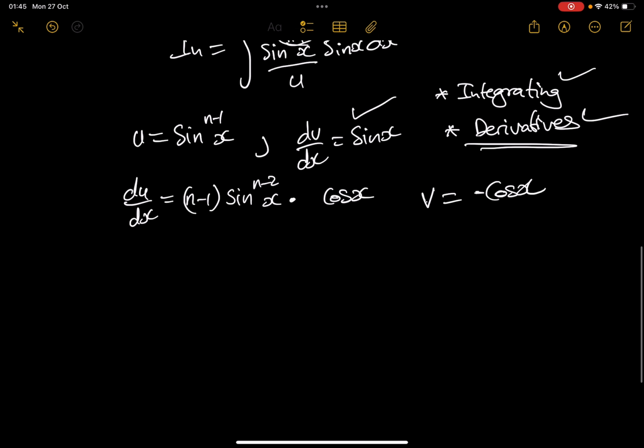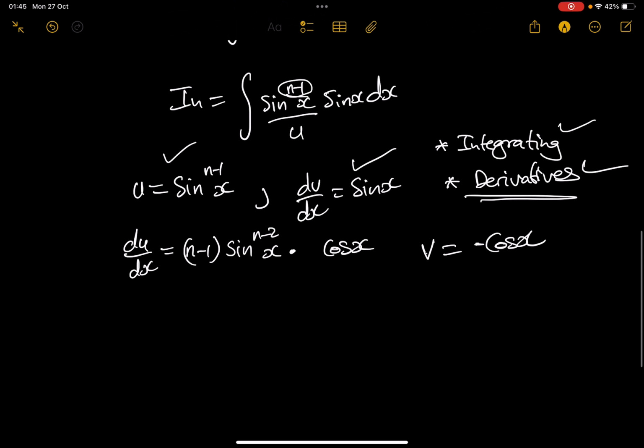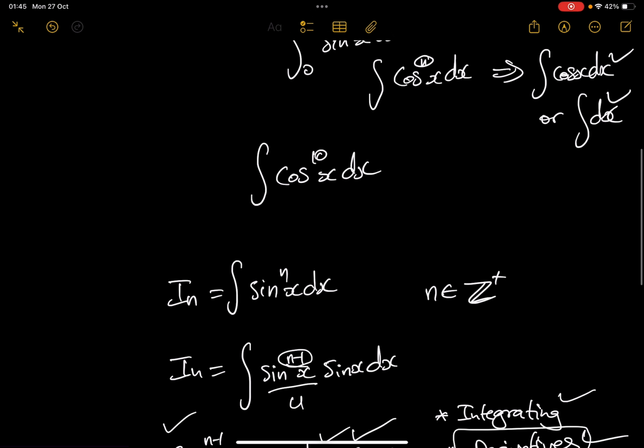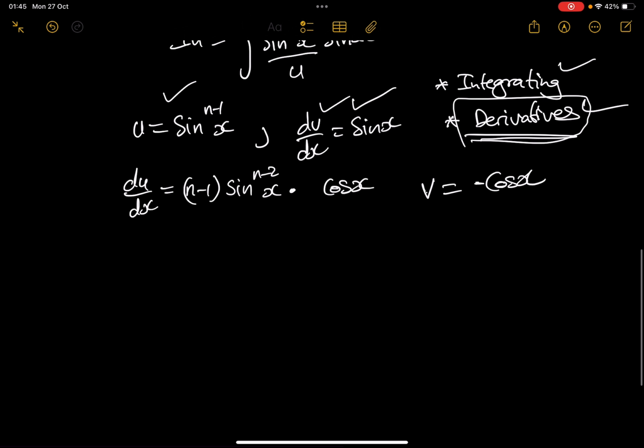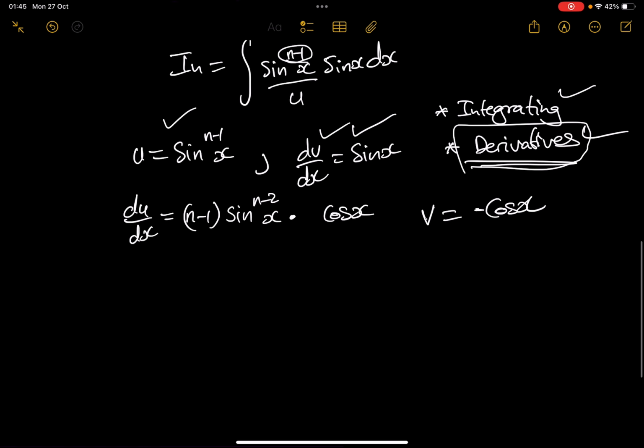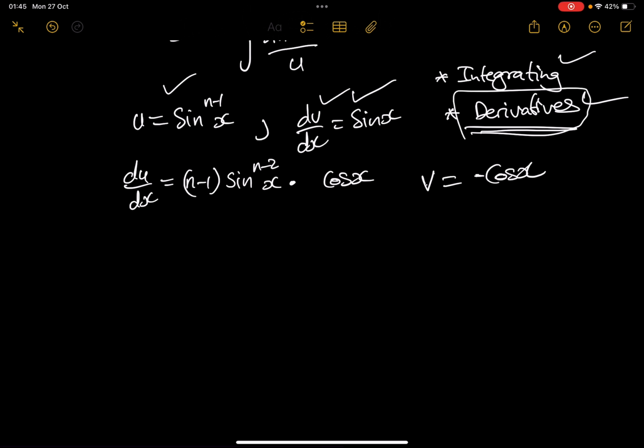So now we identified u and dv dx because we're using integration by parts, and we are saying u is equal to sine to the power n minus 1x, because when you are differentiating, the power will reduce. Thus we call this a reduction formula, right? We want to reduce the power so that we can integrate the final expression.